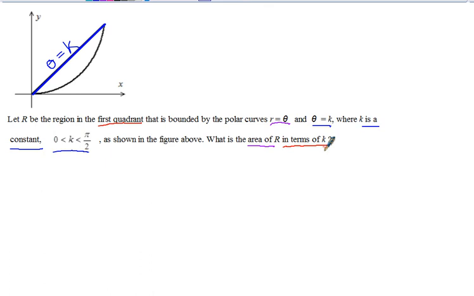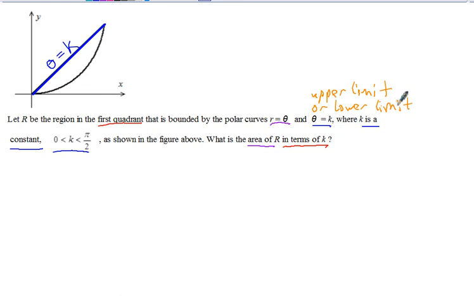So on this one, again, we note that this theta equals k, just like the other one, is either going to be our upper limit or the lower limit, one or the other.